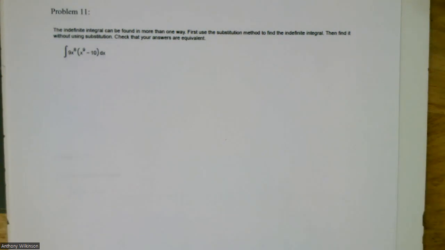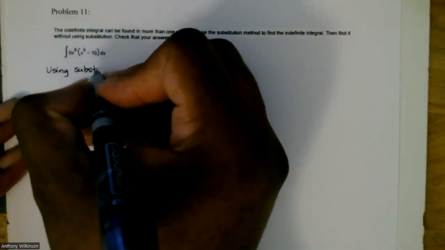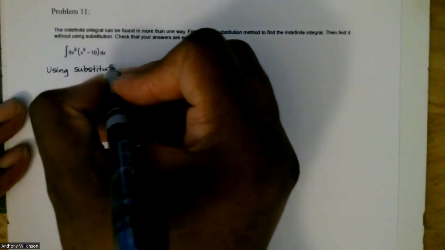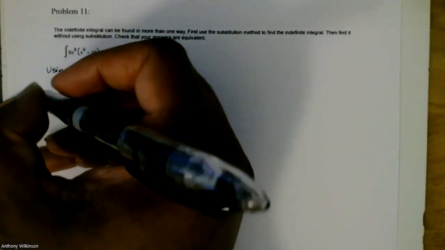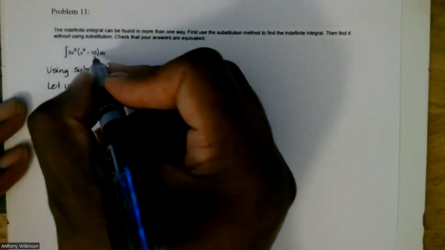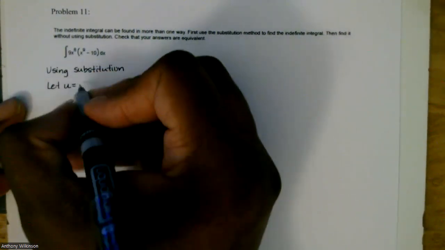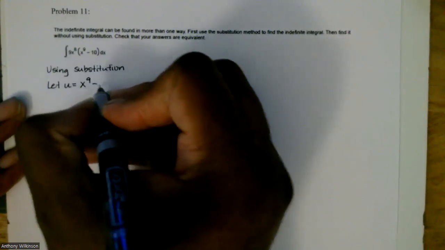All right, so here we've got the integral of 9x to the 8th times the quantity x to the 9th minus 10 dx. So let's start by using substitution. Then I'll show you how it's done without using substitution. When we use substitution, in this case, I'm going to let u equal what's in the parentheses here, x to the 9th minus 10.